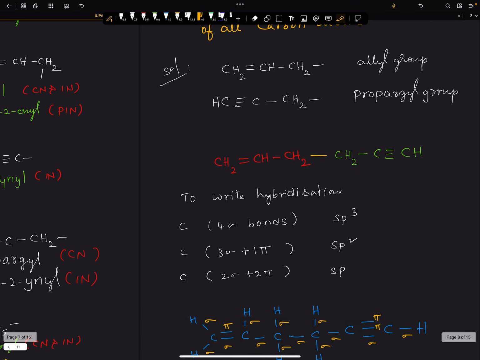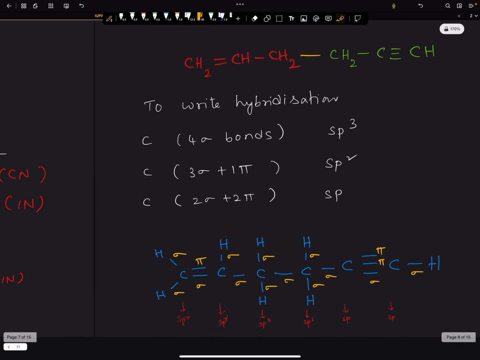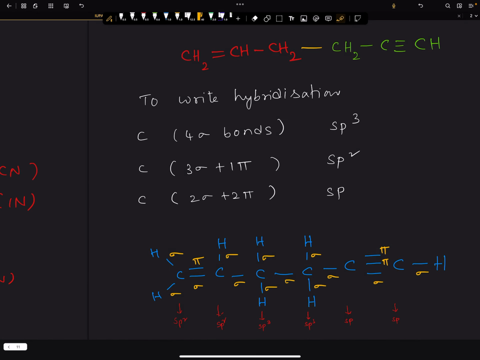To write hybridization: if carbon forms 4 sigma bonds, it is sp3. If carbon forms 3 sigma bonds and 1 pi bond, it is sp2. If carbon forms 2 sigma bonds and 2 pi bonds, it is sp hybridized. Now, writing the structural formula, this carbon is forming 3 sigma bonds and 1 pi bond, so it is sp2.